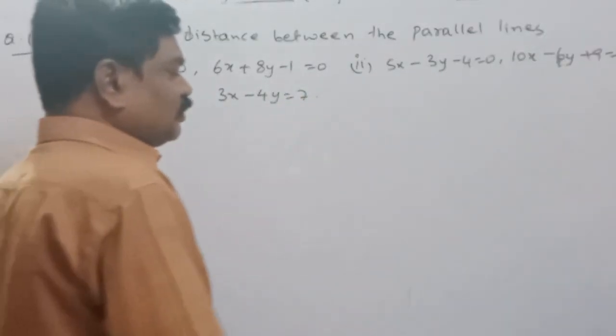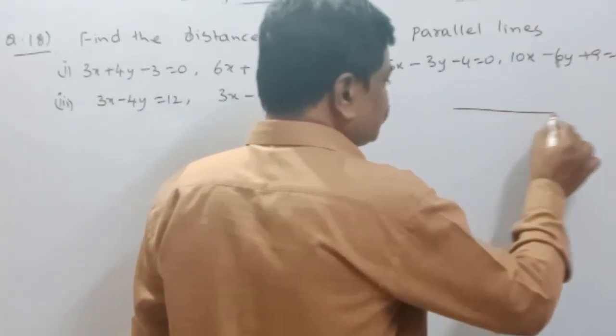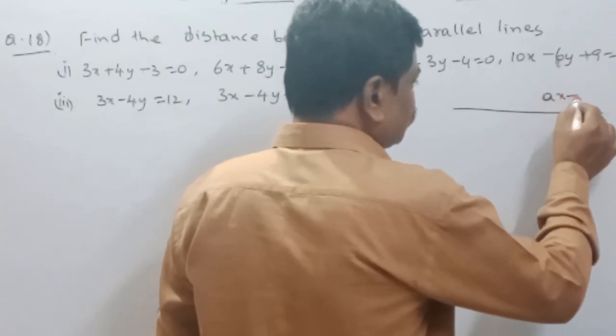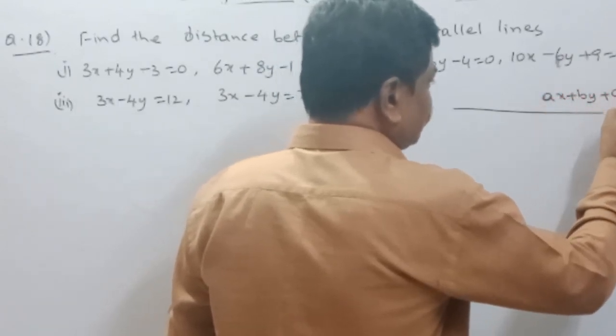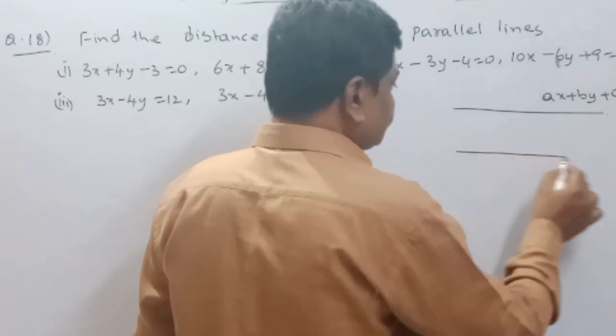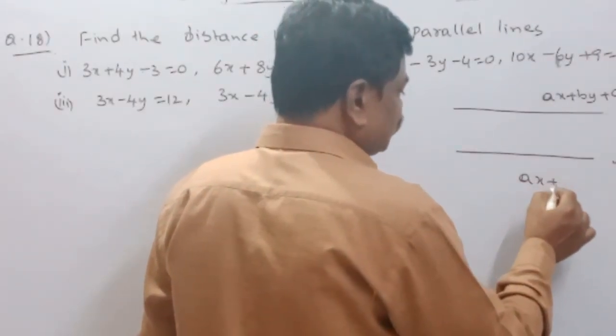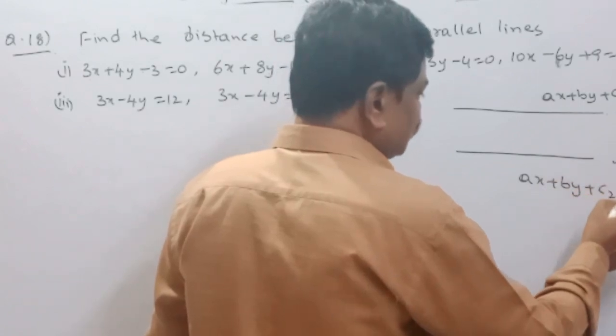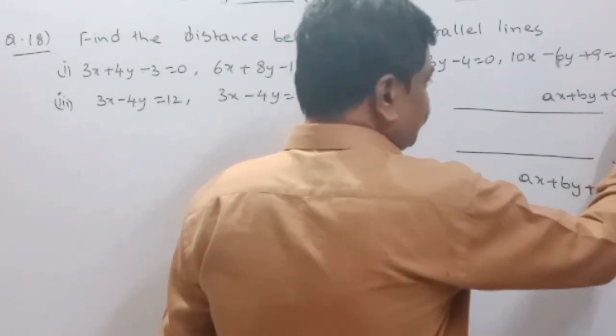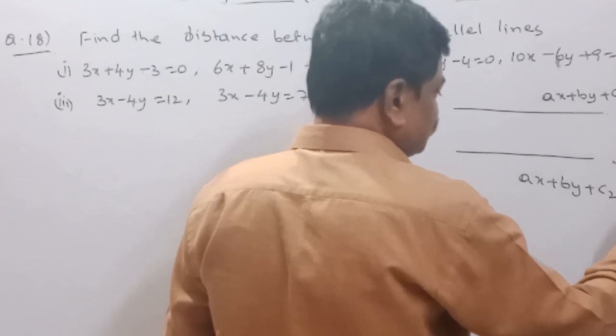Here, suppose two lines are parallel. This is the line L1, ax + by + c1 = 0, and this is the line L2, ax + by + c2 = 0. This is equation 1 and this is equation 2.